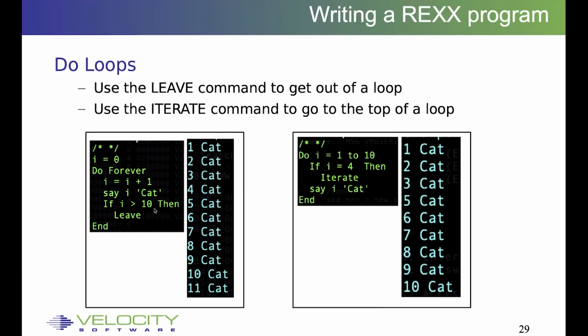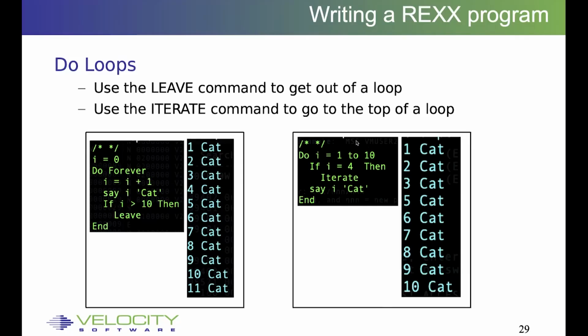In this case, if I is greater than 10, we're going to leave. Now we are also incrementing I manually in the loop. And this is why we get 11 cats, because our check for I greater than 10 is after the increment. So we're going to get 11 lines displayed.